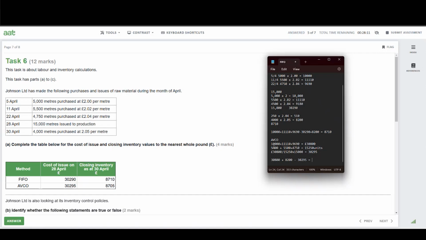And then for AVCO, we have added together all of our costs, the receipt costs, which we calculated earlier, and divided that by the number of units in inventory when the issues were made. And that's given us our cost of issue. Once we've done that, we can take our opening inventory, add on the inventory that's received since the issues were made, so the items that were received on the 30th of April, and then subtract from that the issues.